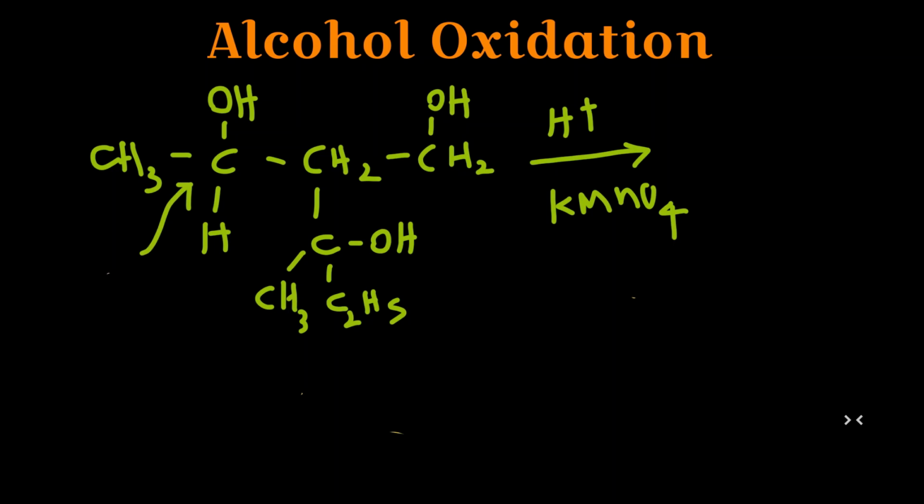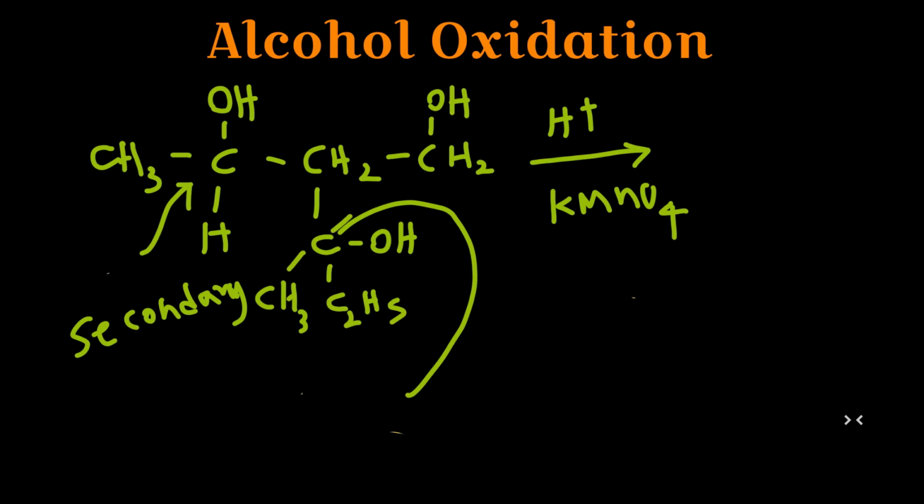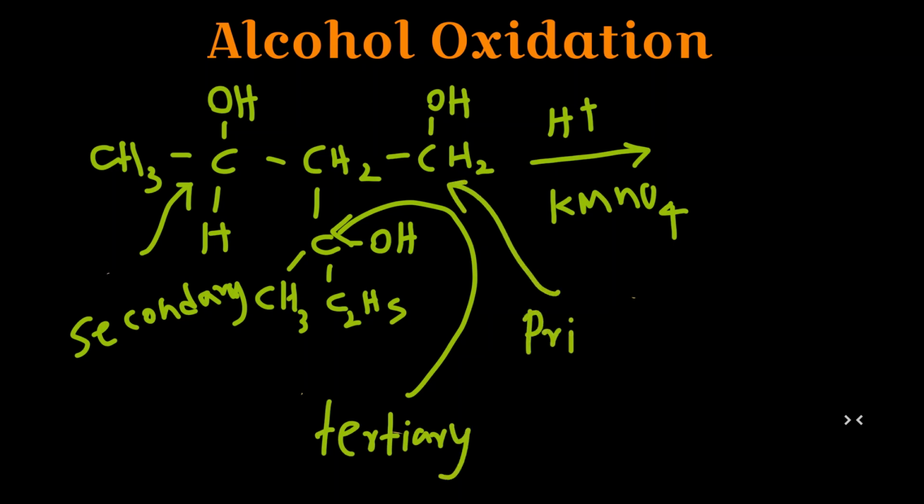So this carbon becomes a secondary alcohol because this carbon has 2 R groups, and this carbon becomes a tertiary alcohol and this carbon becomes a primary alcohol.